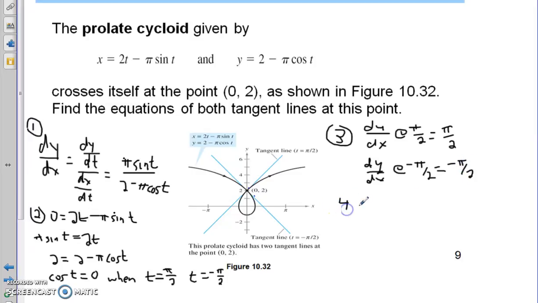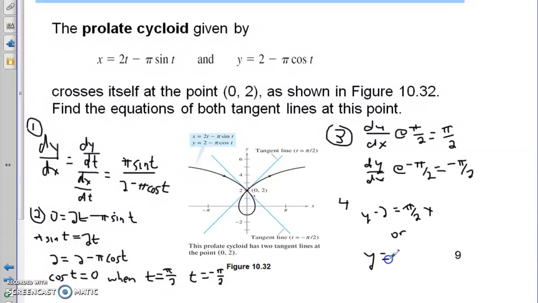Right. Step 4 then is to substitute these in, because I know a point, I know the slope, that's right here, and so I just simply put those in. Y minus 2 is equal to pi over 2 times x minus 0, which is simply x, so that's one of the equations.